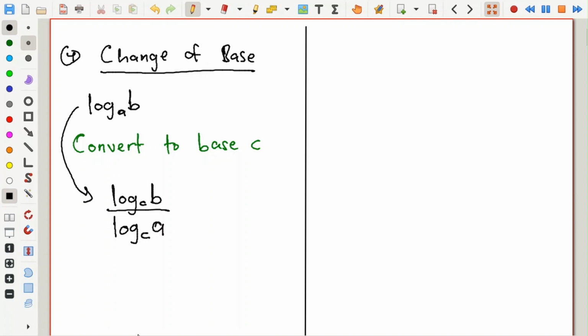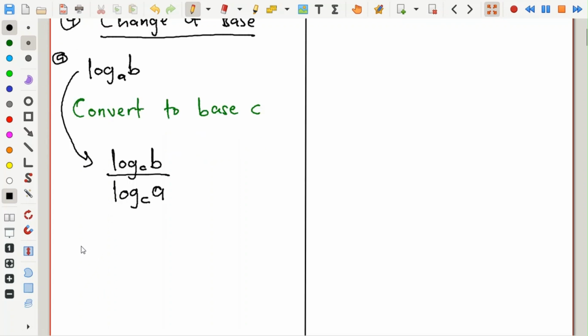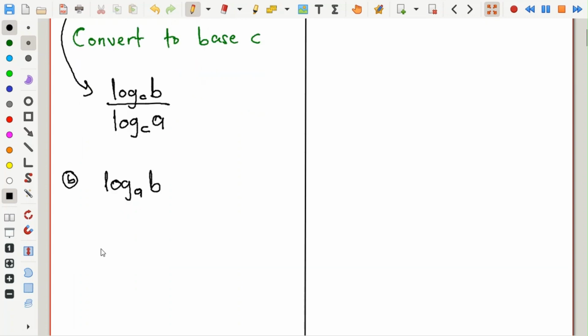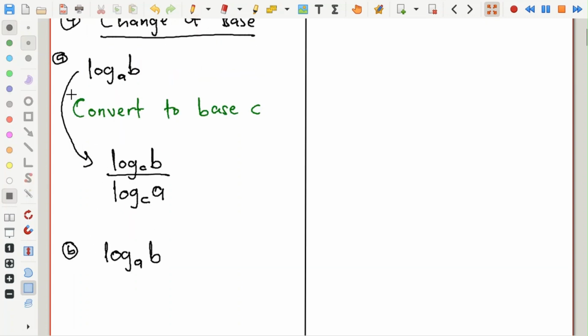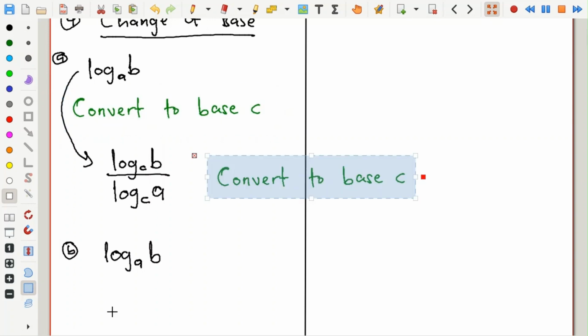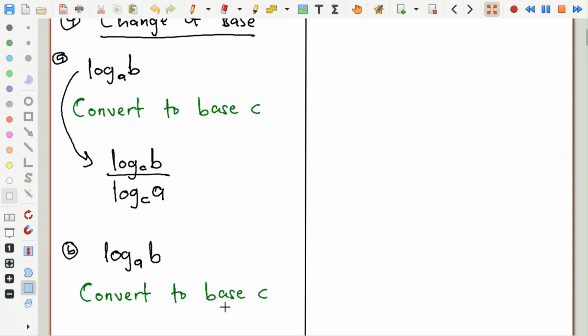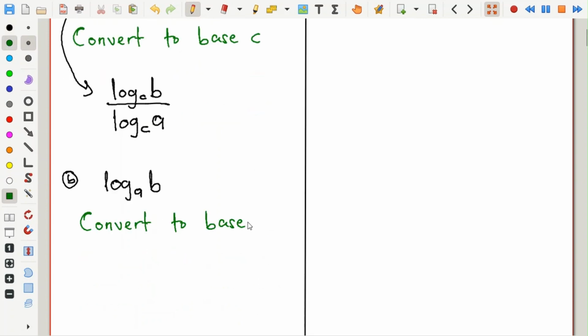Is that not simple? Let's take another example. What if you have the same log b to the base a, and we are converting to base b?